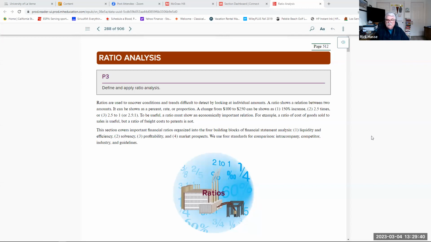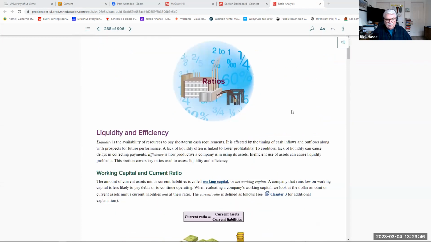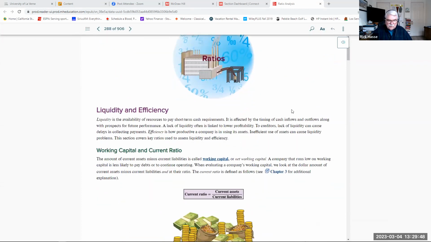You are to take one equation from this analysis. For example, here's page 512 of your textbook, which is in chapter 13. It talks about liquidity and efficiency. All right, here are samples of the equations I would like you to select.